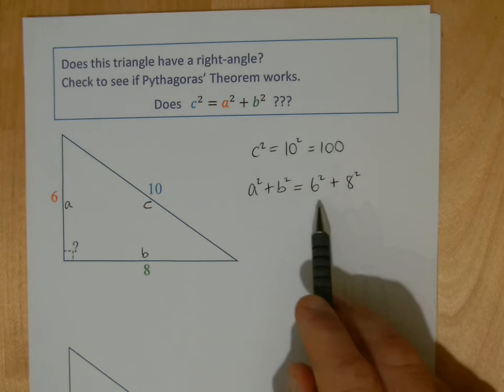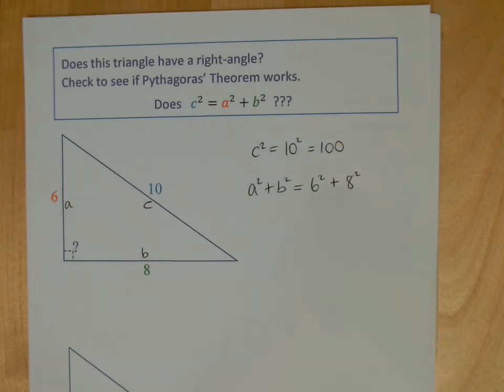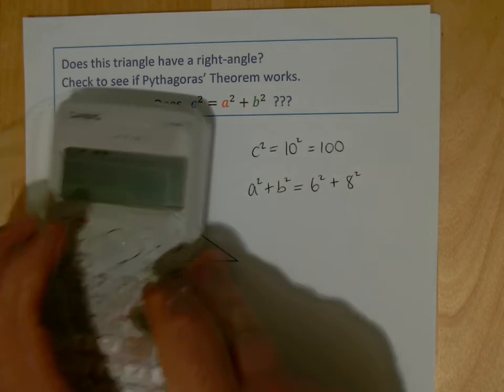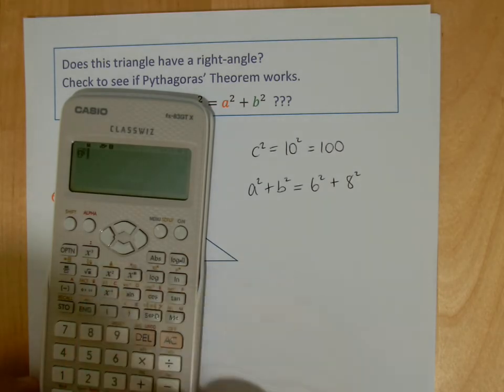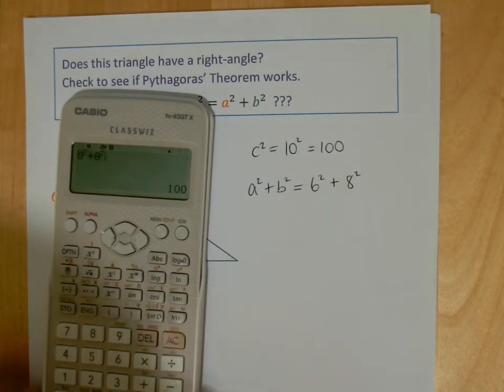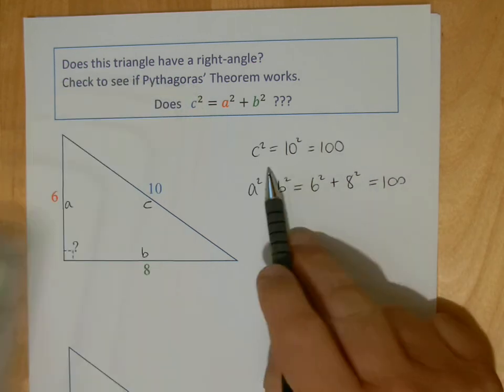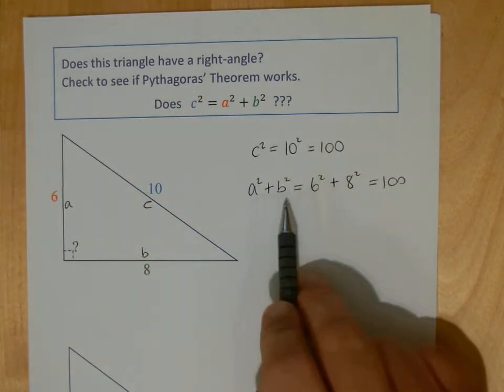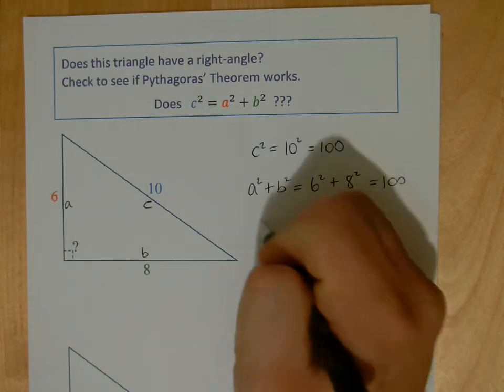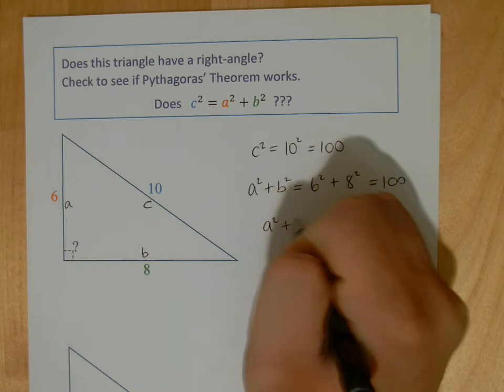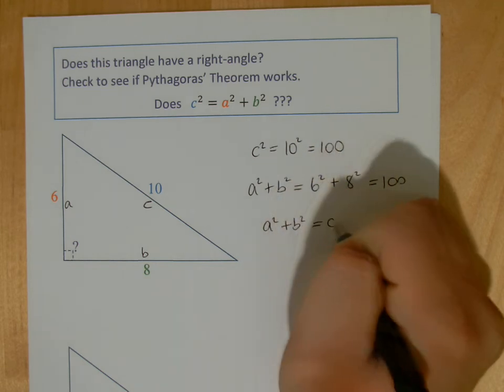If you work that out on your calculator, 6 squared plus 8 squared, it comes to 100. So notice now we've got C squared equals 100, and A squared plus B squared is 100. Therefore, A squared plus B squared is equal to C squared.